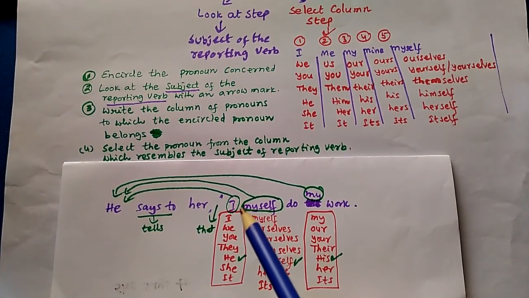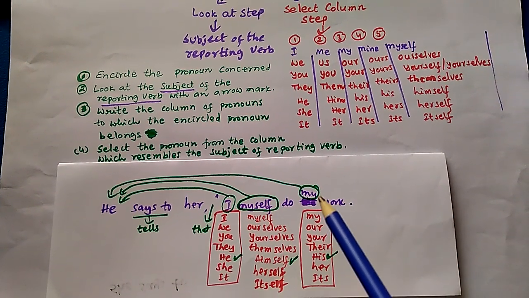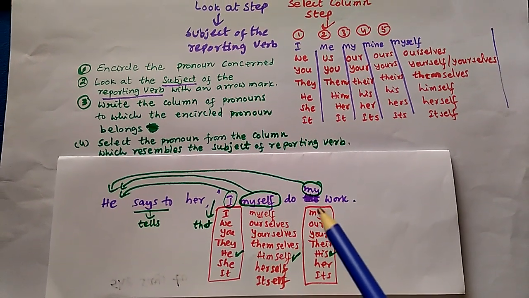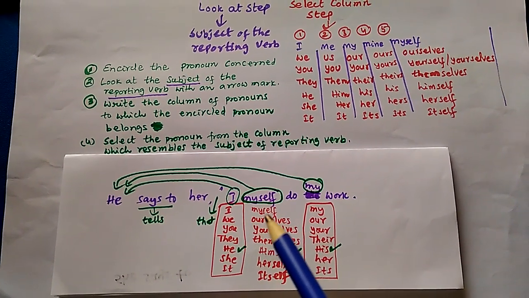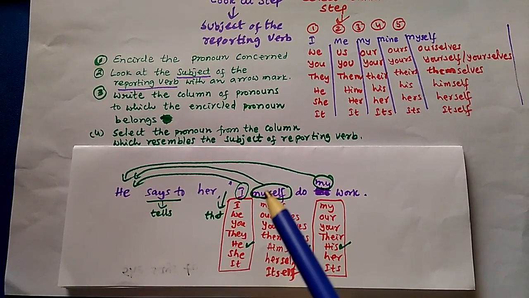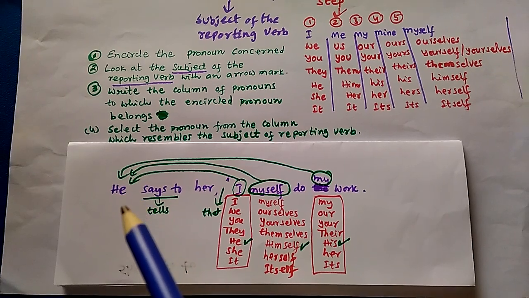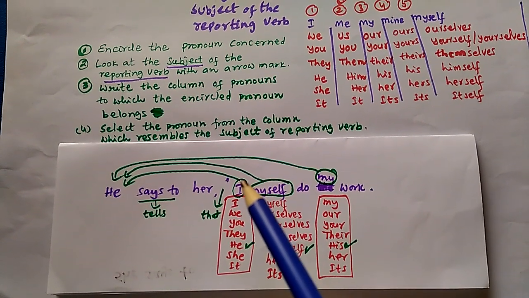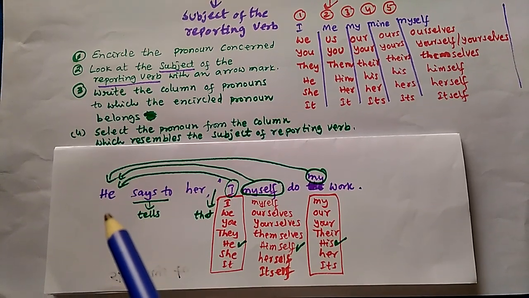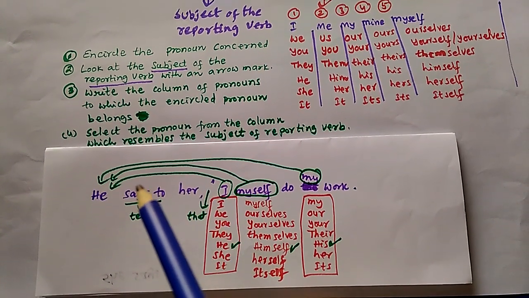Here I is encircled, myself is encircled, my is encircled because these are the pronouns which are to be changed. Whenever we have I, me, my, myself like that, we have to look at the subject of the reporting verb.